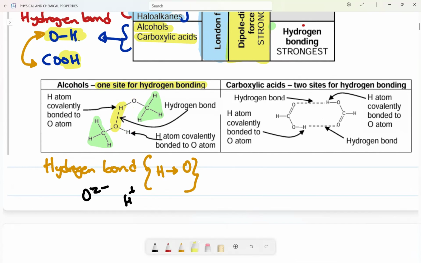But now, how about carboxylic acid? Carboxylic acid, remember, has a Q, something like Q. But in that Q, I can break it into O2 minus and OH minus, like that.